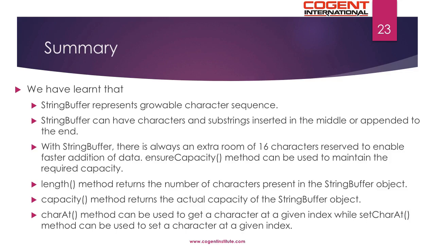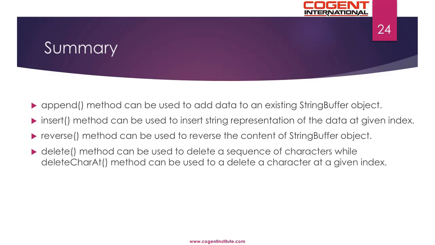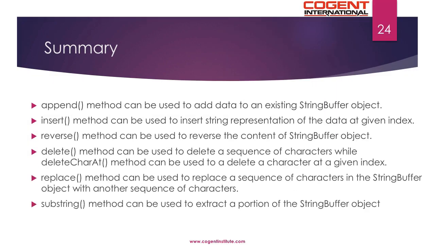The charAt method can be used to get a character at a given index, while the setCharAt method can be used to set a character at a given index. The append method can be used to add data to an existing StringBuffer object. The insert method can be used to insert string representation of the data at the given index.